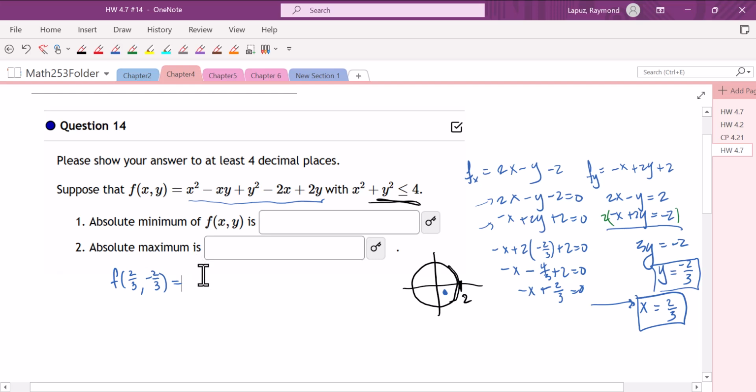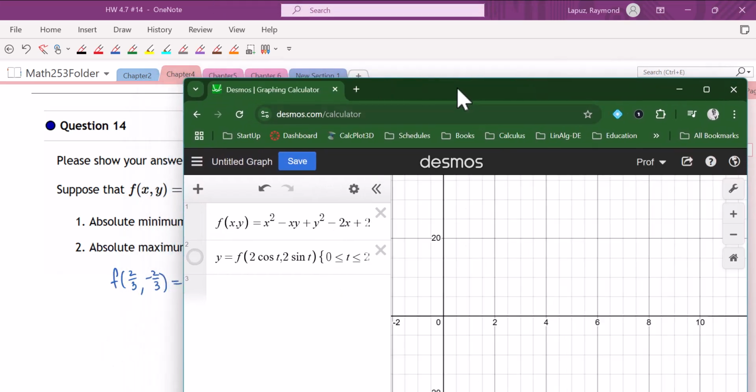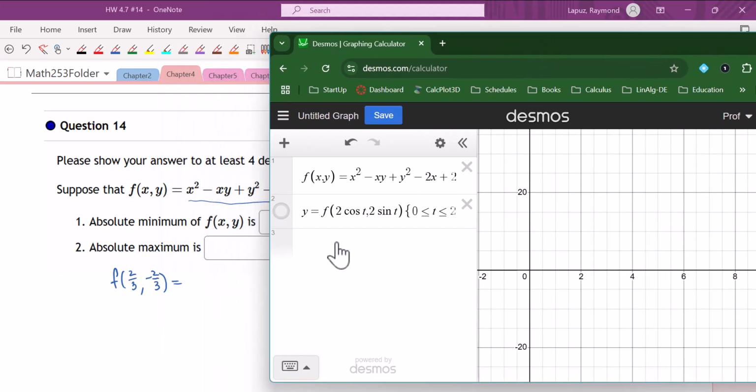Actually, I'm just going to go ahead and use Desmos for this. I'm kind of getting ahead, and this is eventually something that we'll do, but this is the function itself.